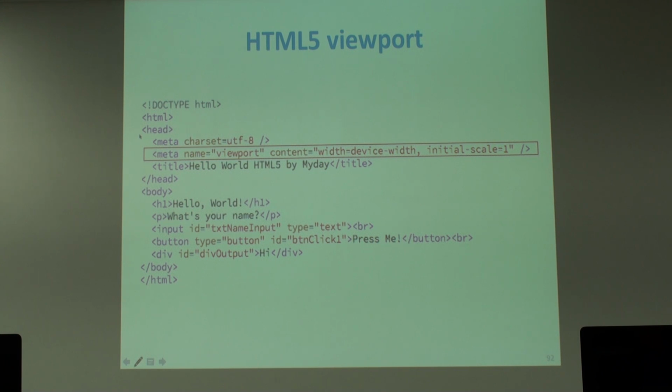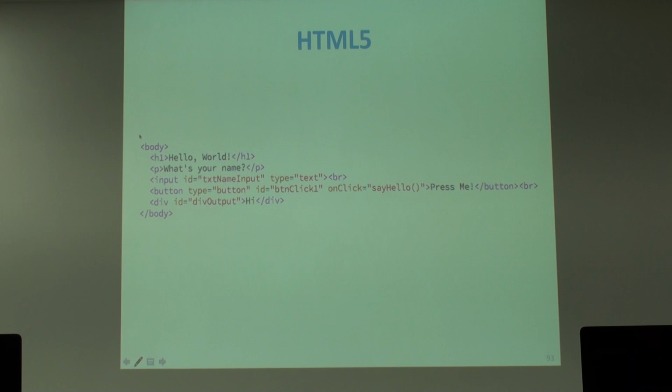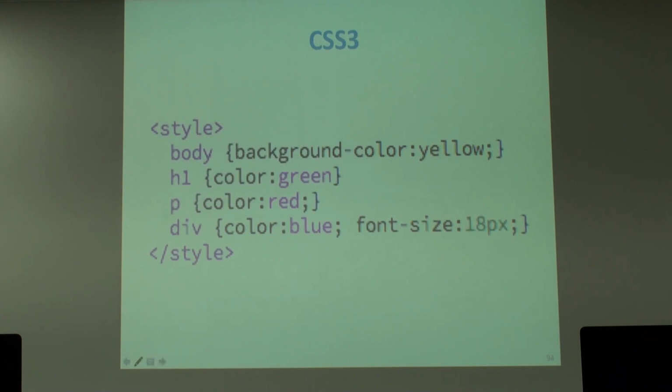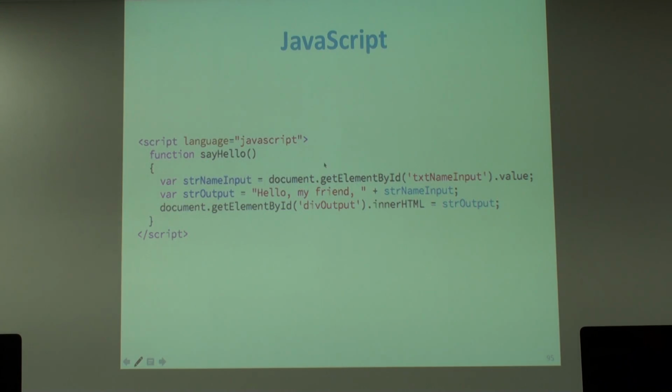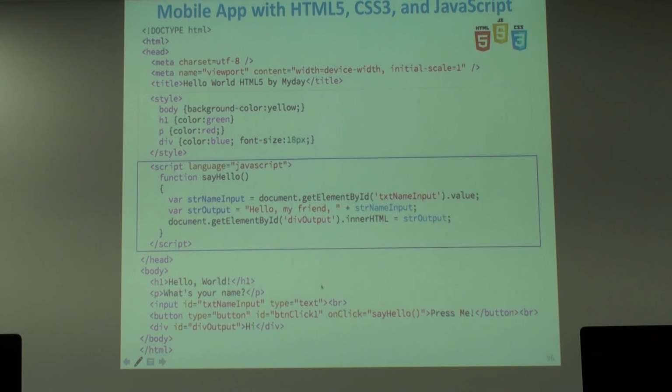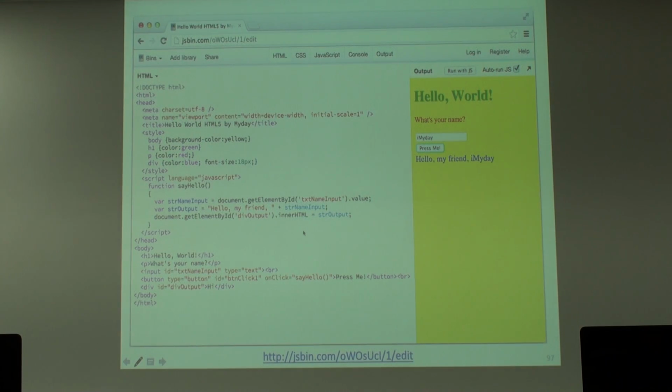So your screen is scalable and your information will scale with the important information. And this is the HTML5 code. Here is the CSS3 code. This is the JavaScript code. Combining CSS3, JavaScript and HTML code into a file, that is your hello world application in a single page.